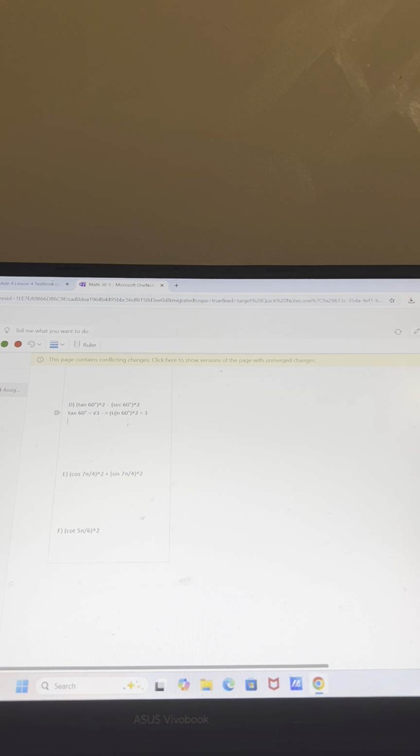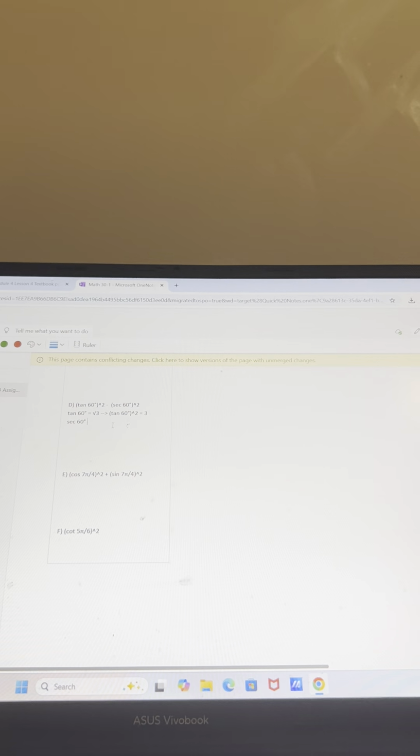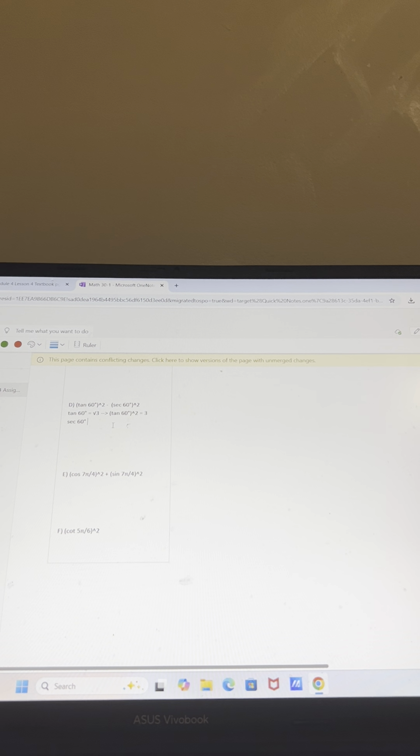And secant of 60 is the reciprocal of cosine of 60. Cosine of 60 is 1 over 2 right here, so it's going to be the reciprocal, which is 2.